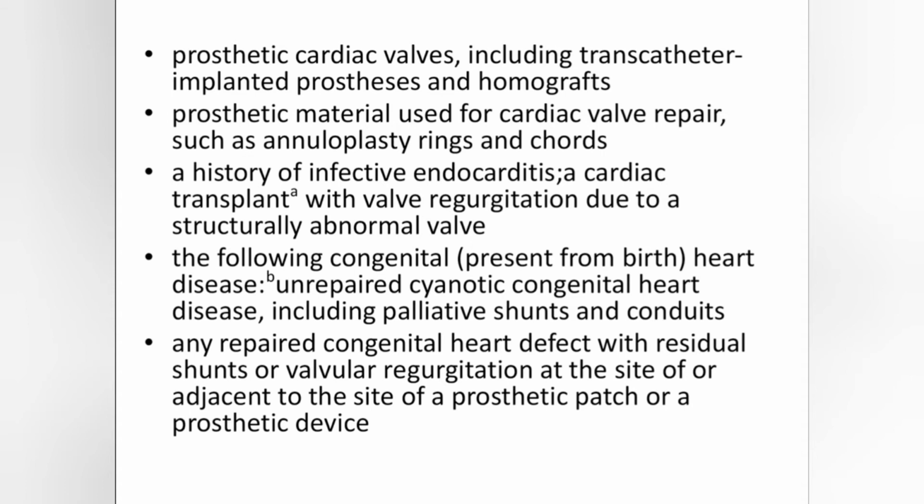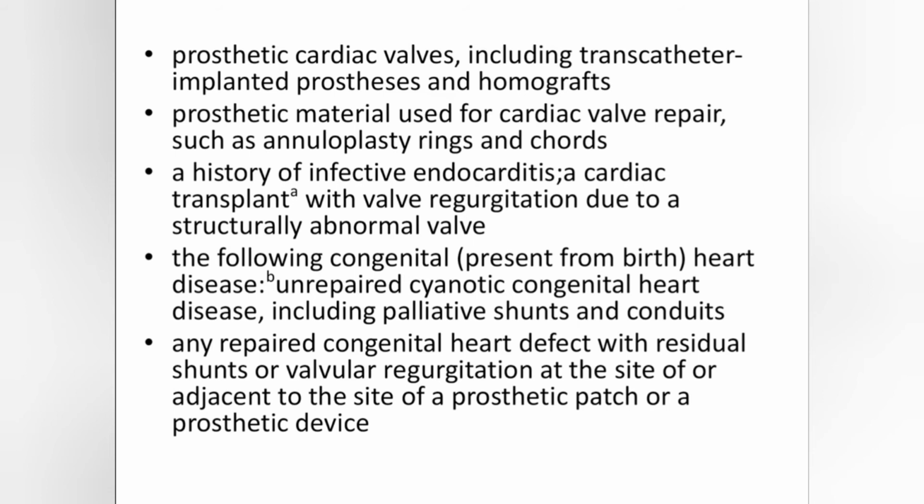Now what are the indications? Prosthetic cardiac valves including transcatheter implanted prostheses and homografts. Sorry, not options, it is discussion. Prosthetic material used for cardiac valve repair, such as annuloplasty rings and chords. A history of infective endocarditis.